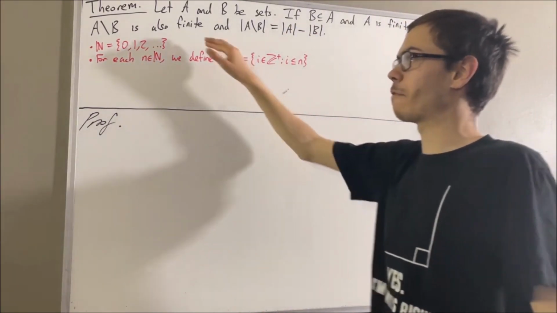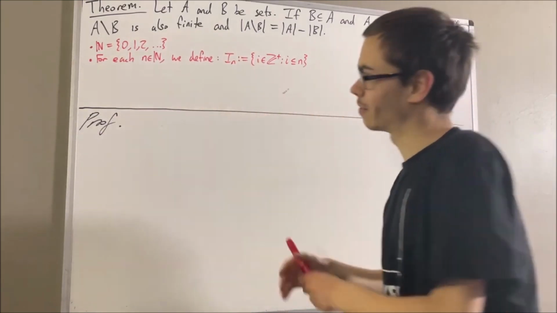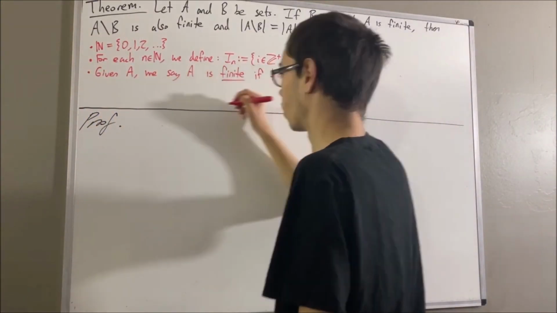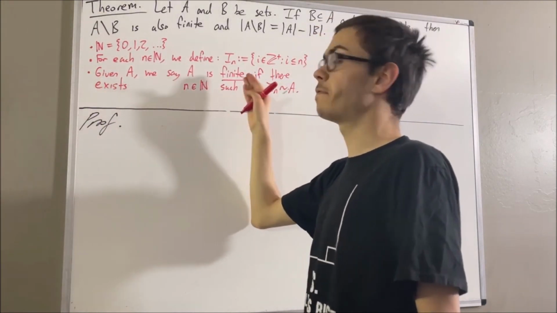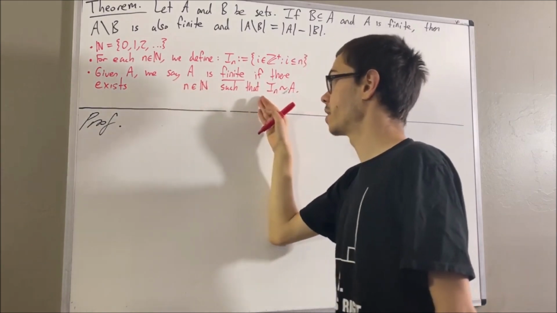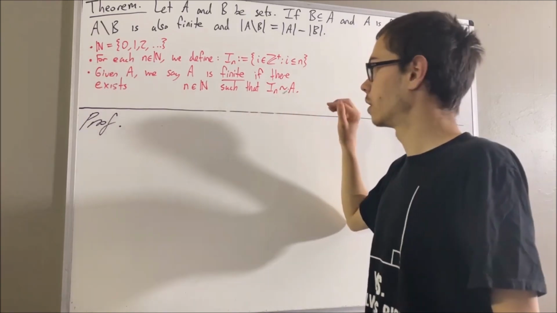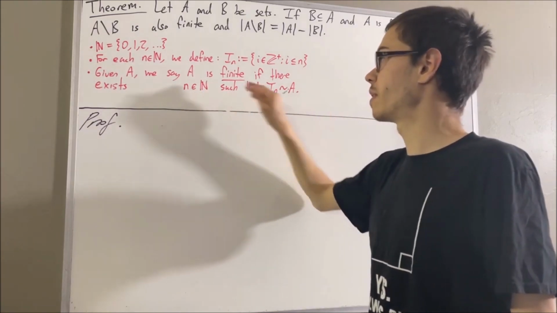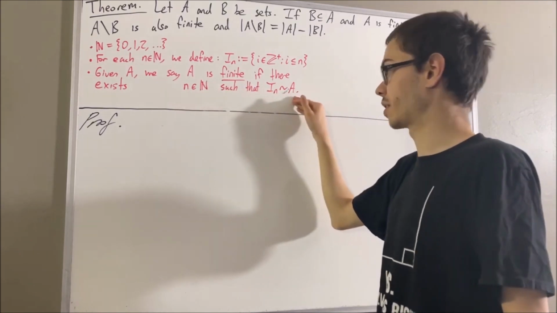Now, what do we mean by finite? Well, we mean the following. Given the set A, we say that A is finite if there exists a natural number n such that there is a bijection from IN to A. And it turns out that the natural number that satisfies this condition is the only natural number that satisfies this condition.